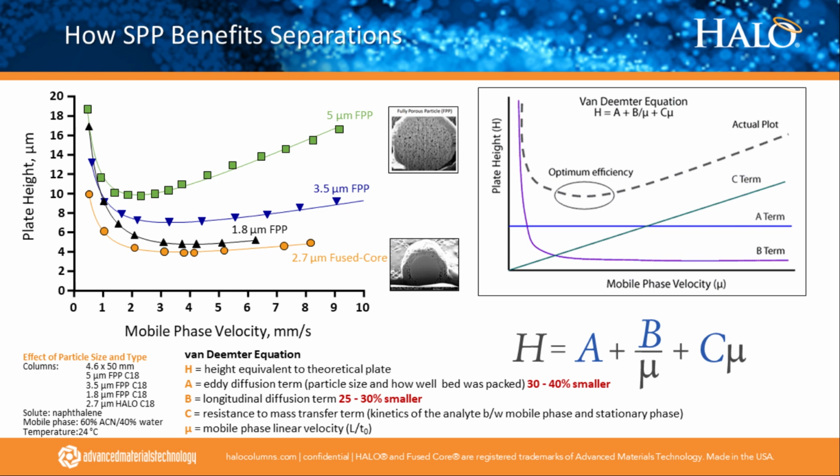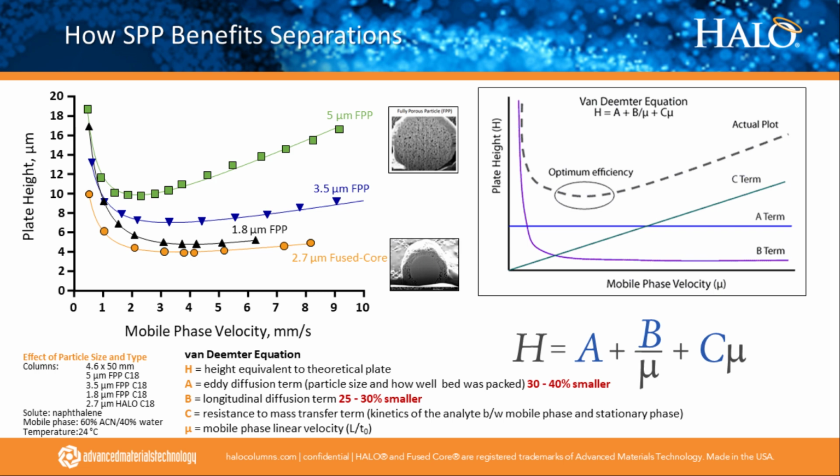As you move from a 5 micron FPP to a 3.5 micron FPP, the curve is getting lower. And then the same thing when you go from the 3.5 to the 1.8 micron FPP in the black triangles. But the take-home message here is that the 2.7 micron fused core particle is the lowest curve on this graph, and that's represented by the orange circles.